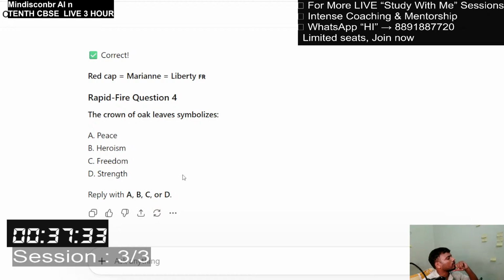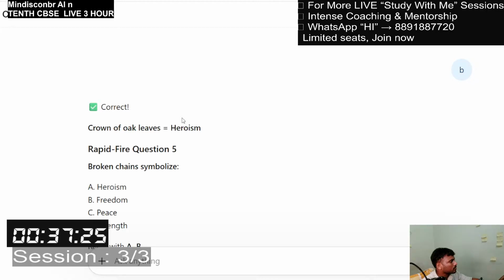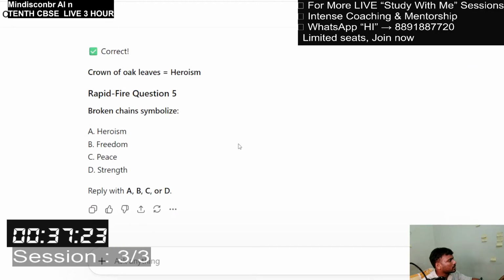The crown of oak leaf symbolizes heroism. The broken chain symbolizes freedom.